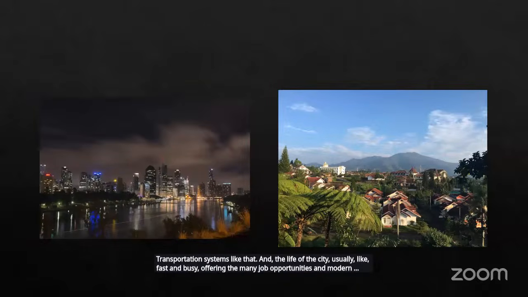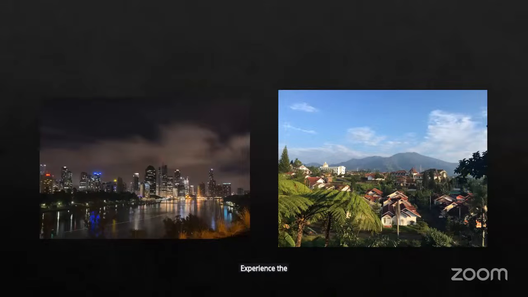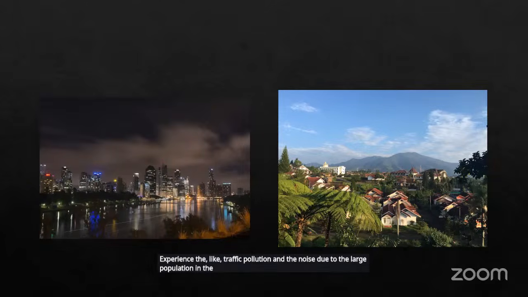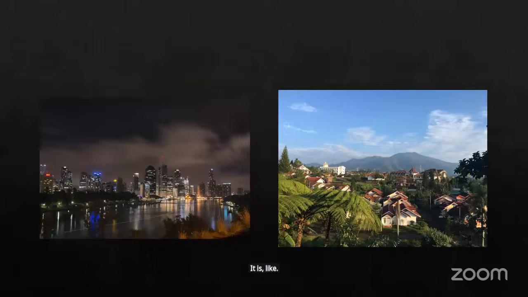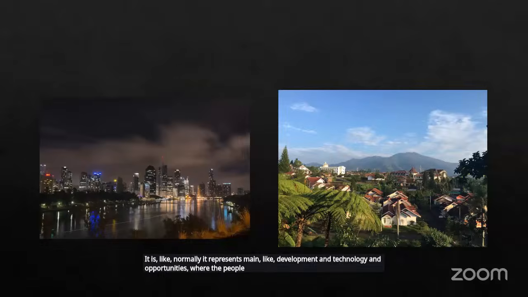However, cities can also experience traffic, pollution, and noise due to the large population. It represents development, technology, and opportunities, where people live a fast-paced life surrounded by modern facilities.